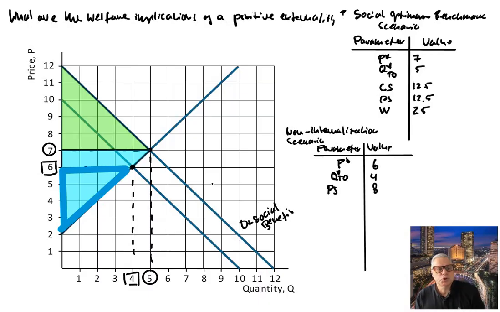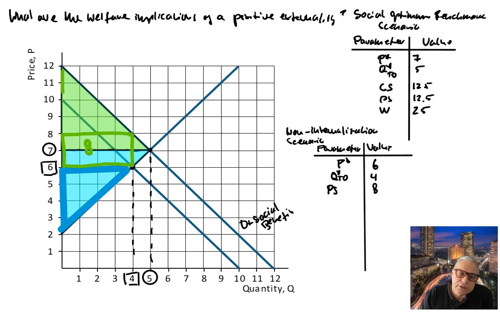And now consumer surplus looks a little bit different because the consumers at the quantity of 4, they get first this. So this area is 2 times 4, that's 8.